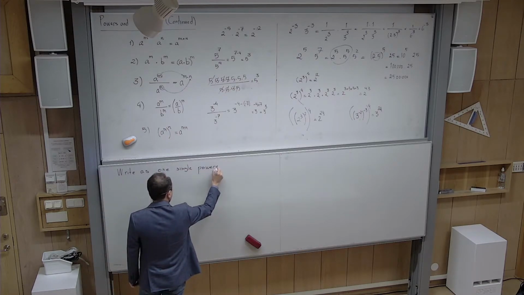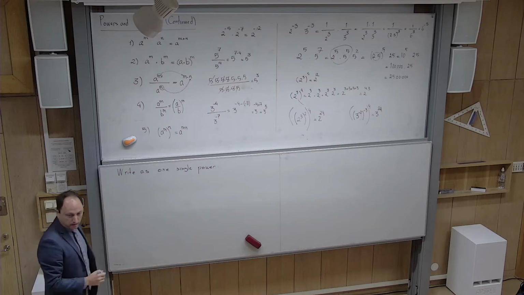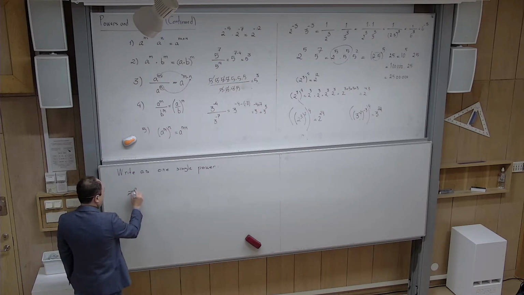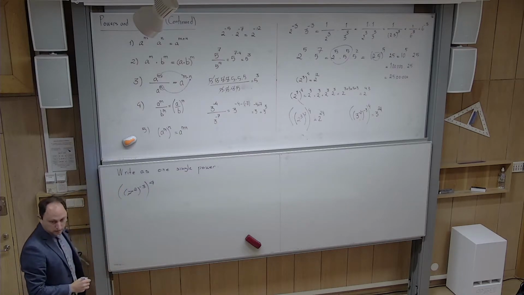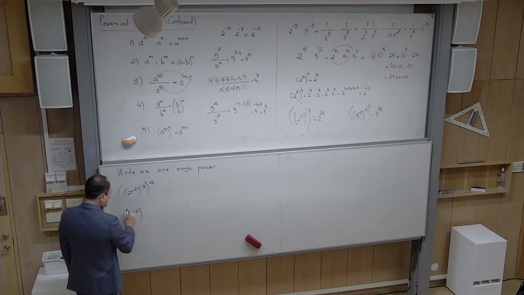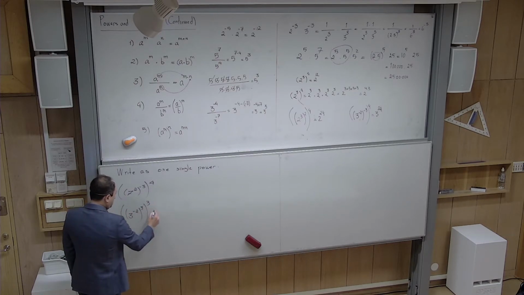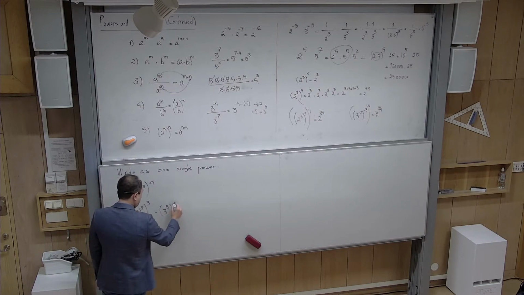Let me write 7 to the power of 2 to the power of minus 3, and then to the power of 4. And then I would write 3 to the power of minus 2 to the power of 3 to the power of 3 multiplied by 3 to the power of 5 to the power of minus 2.